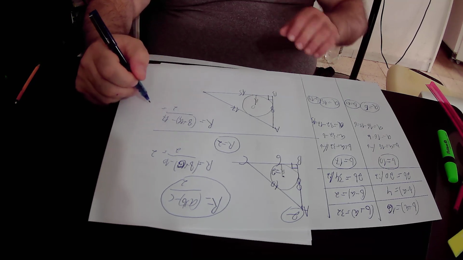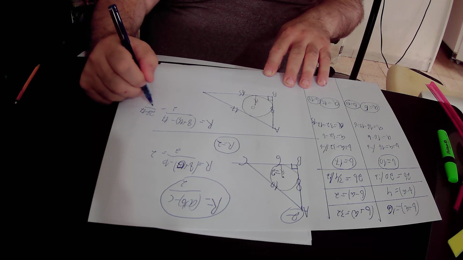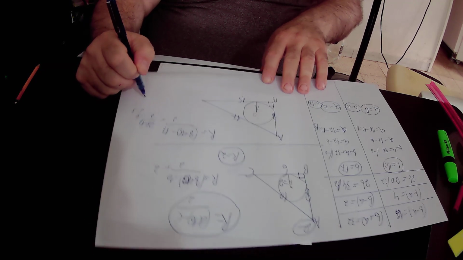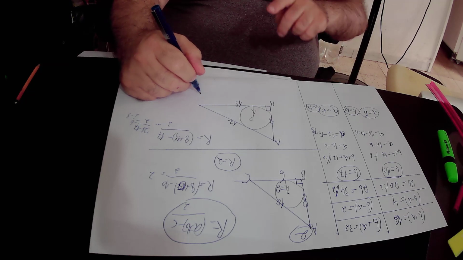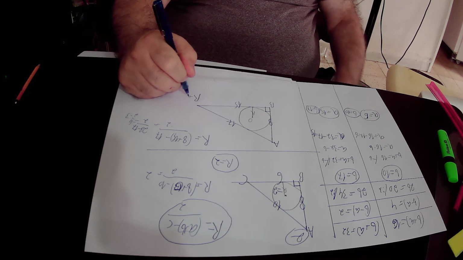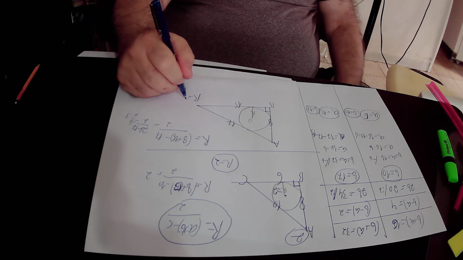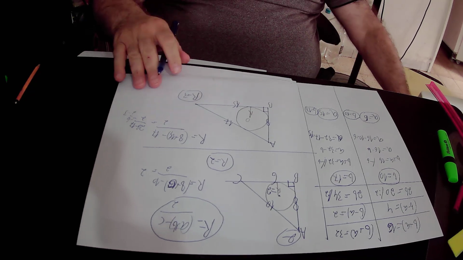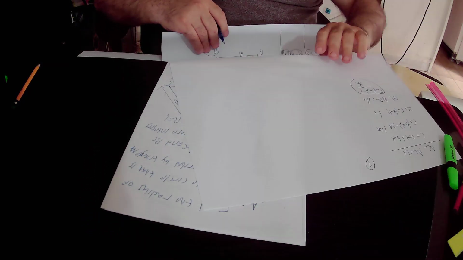So here 8 plus 15 is 23, and 23 minus 17 is 6, and 6 over 2 is 3. So the second solution to the question is that the radius of this specific circle described by this specific right triangle, triangle ABC, equals 3 units. So actually we found two solutions to the question.